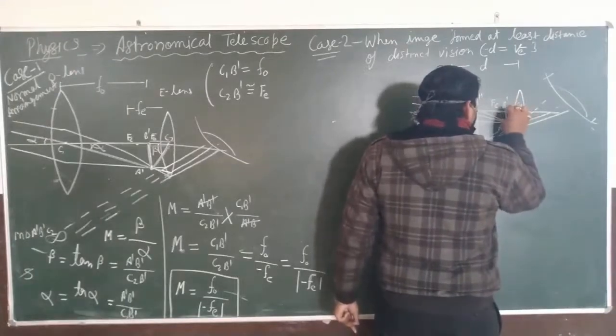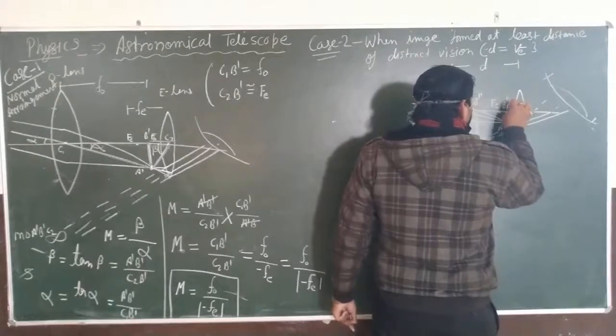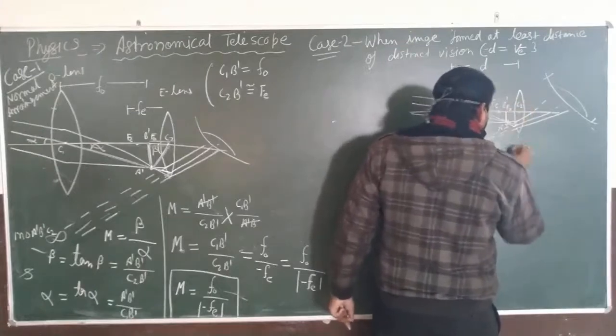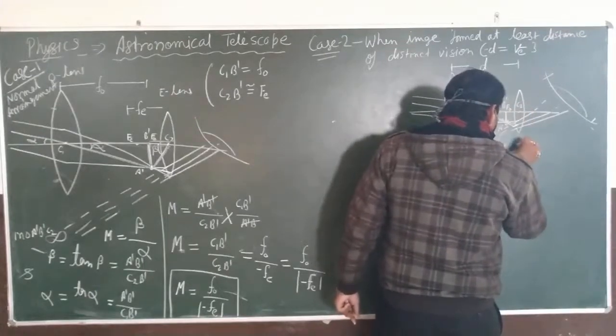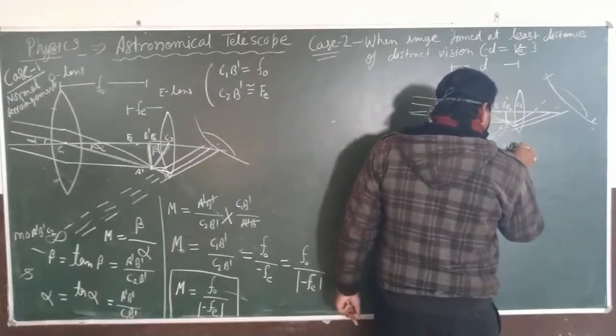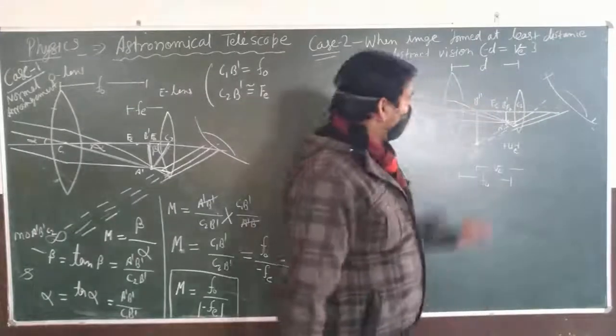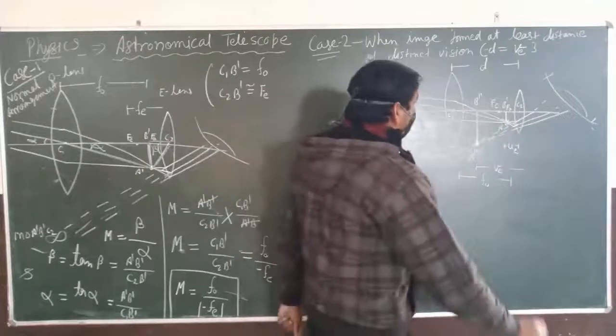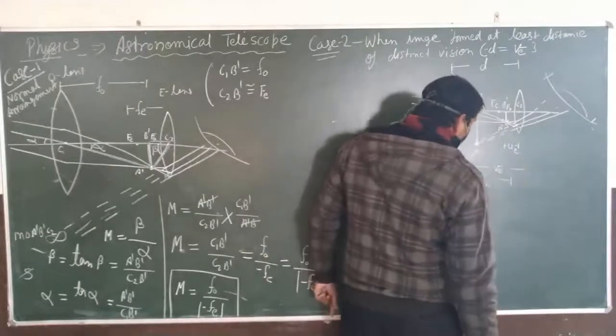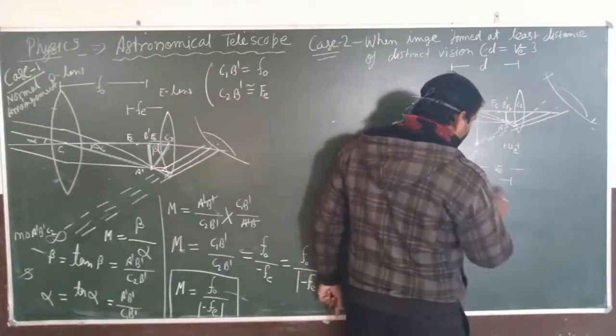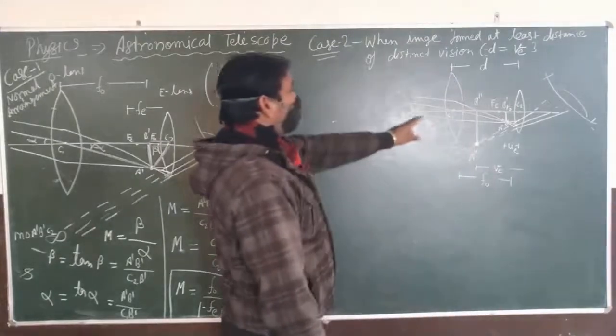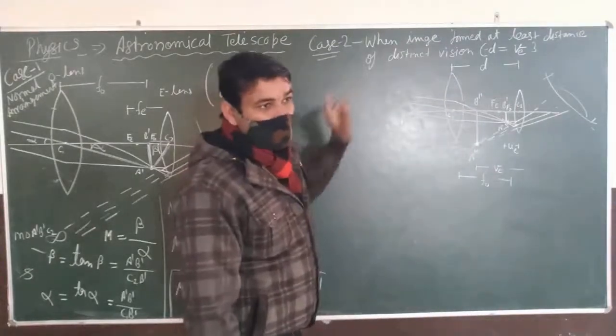FE, this is FO. So this distance is equal to UE, okay, and object is initially at infinity.